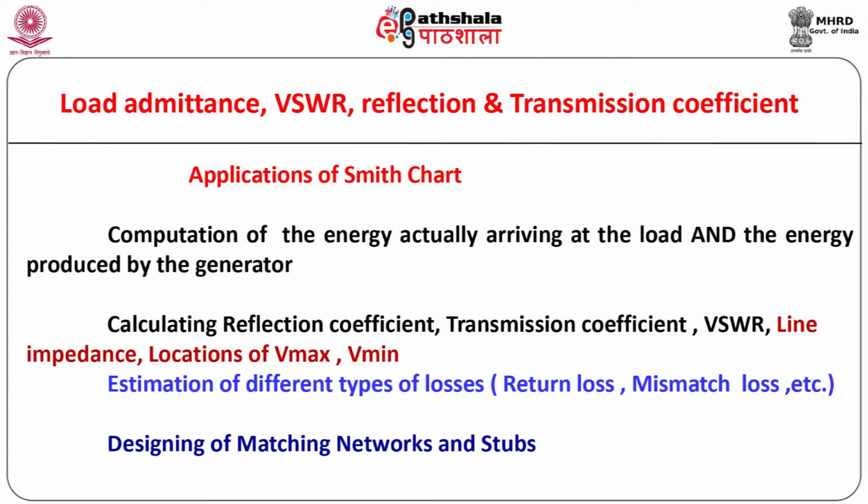Any mismatch between the two impedances will cause back reflection of the wave, thus hampering the quality and quantity of transmitting properties of the transmission line. This aspect can be accounted for with the help of many quantities such as reflection coefficient, VSWR, different types of losses, etc. All such quantities can be determined using Smith chart.